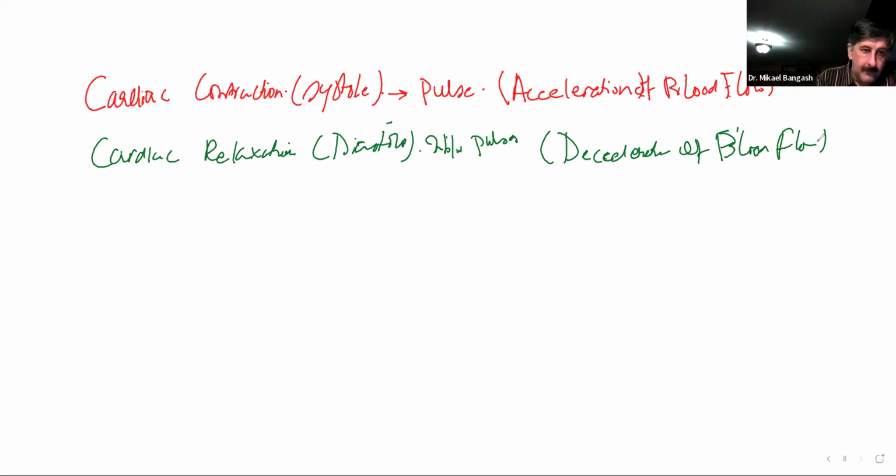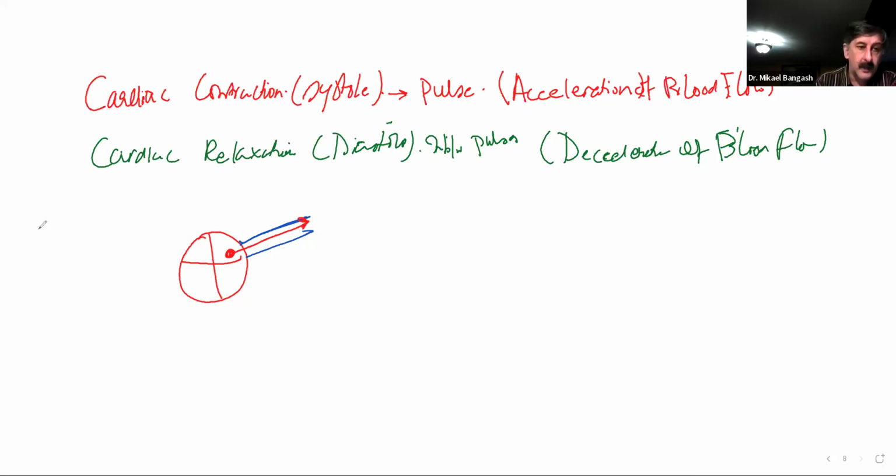Let's say this here was the heart, and we have an artery. Now, when this heart contracts, the blood is going to be increasing its speed and flowing in this direction here.